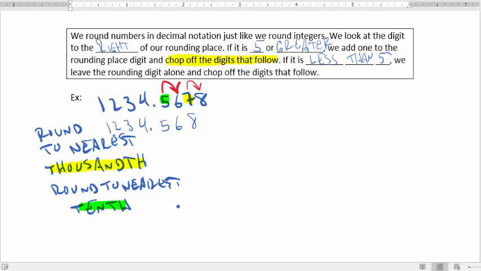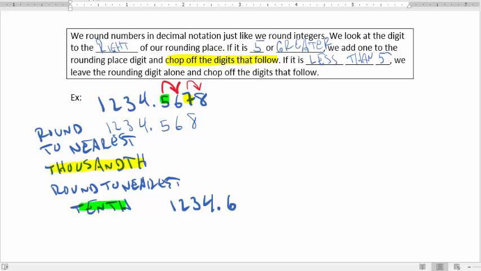So we're going to write 1,234, and now that 5 becomes a 6 tenths, and we chop off the digits that follow, right? The big mistake people make here is they write 0, 0, 0. No, you don't write those extra zeros. You chop off the digits that follow. So it's 1,234 and 6 tenths.